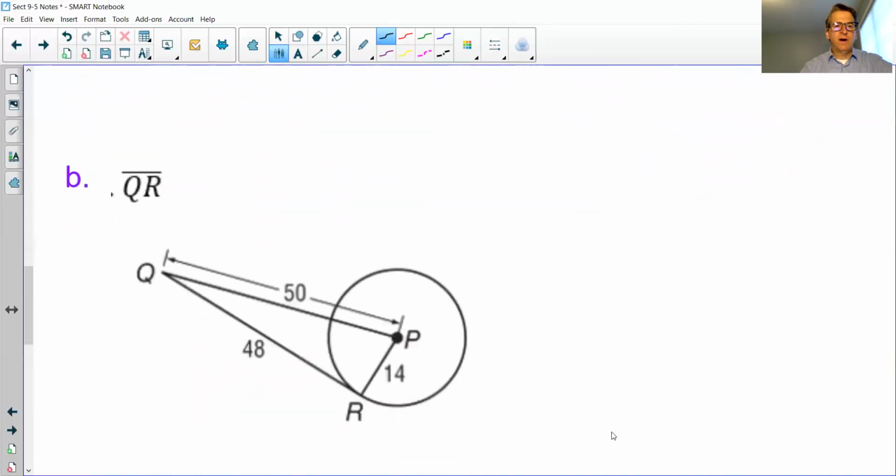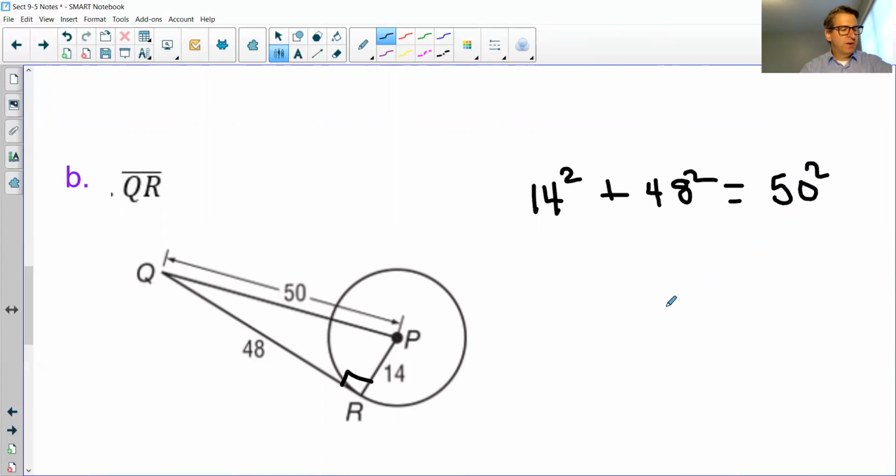Letter B, QR. We're checking to see if this QR is tangent to the circle P. If it is, we've got ourselves a right triangle there. So we're checking to see if 14 squared plus 48 squared is equal to 50 squared.